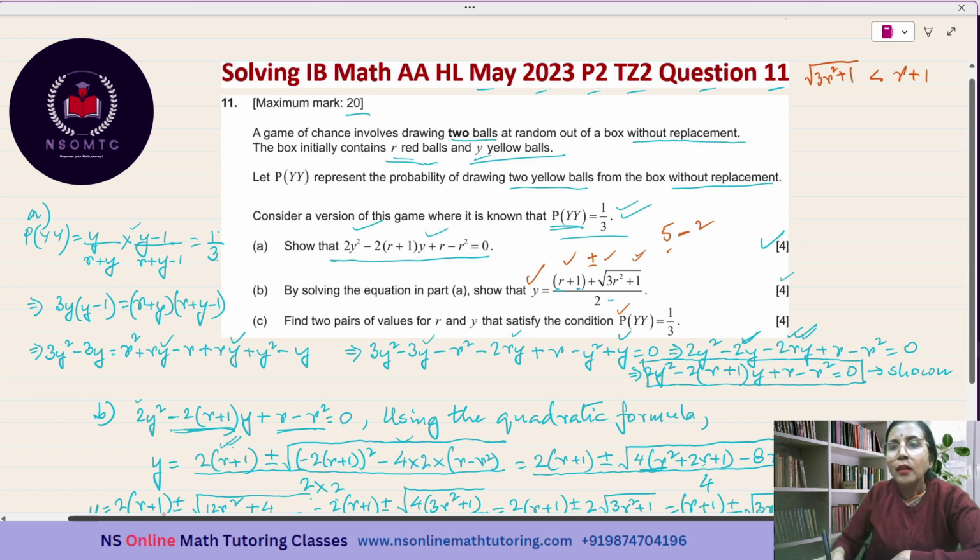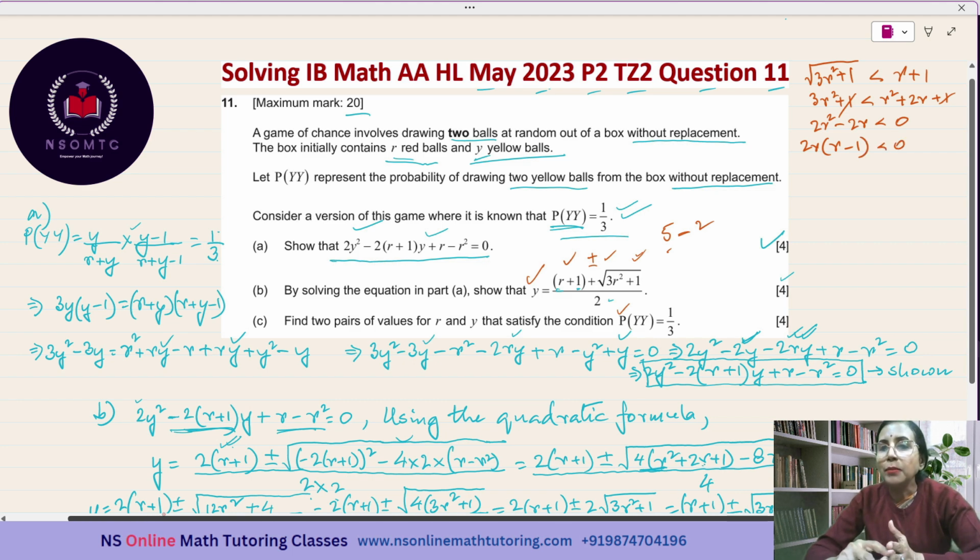Let us square both the sides. So we will be having 3r squared plus 1 is less than r squared plus 2r plus 1. And we can cancel these two and we will be having 2r squared minus 2r is less than 0. So it is 2r times r minus 1 is less than 0. That means the product is a negative number. 2 is definitely not a negative number.